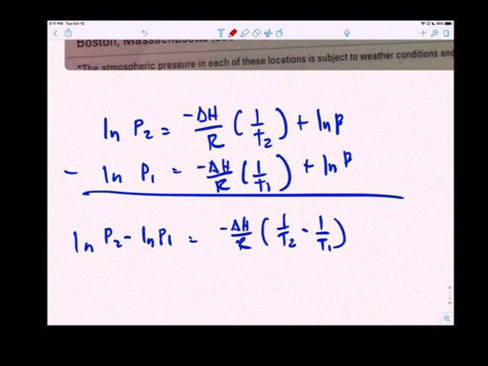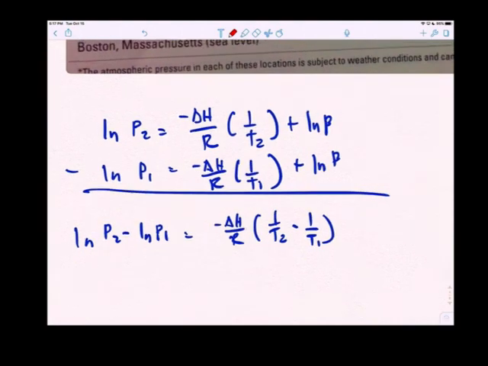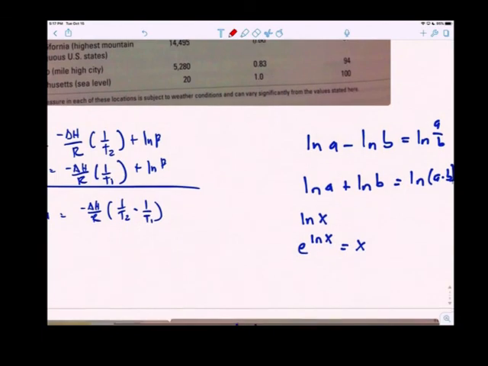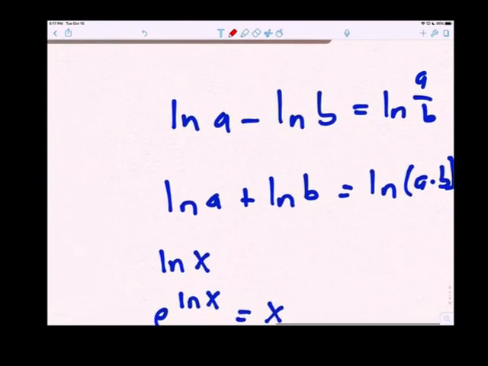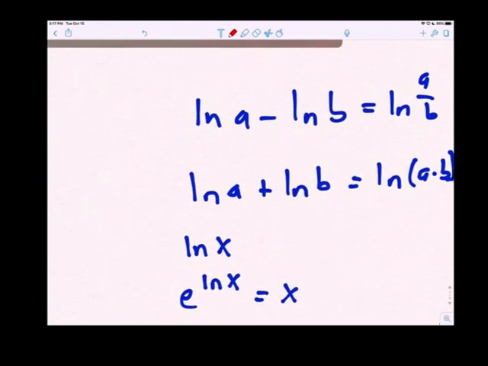And this natural log of P2 minus natural log of P1, that is the natural log of P2 divided by P1. If you remember, these are the natural log identities. If you study this in mathematics, you know them; if you haven't, now you know them.